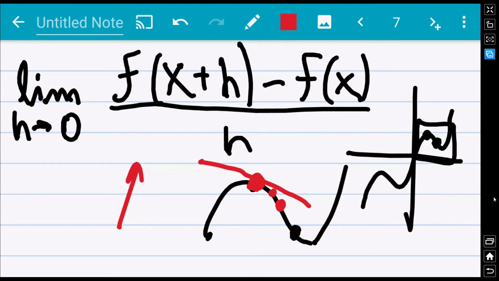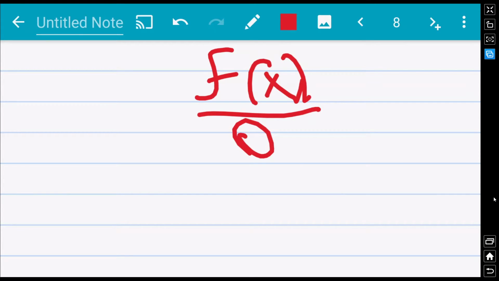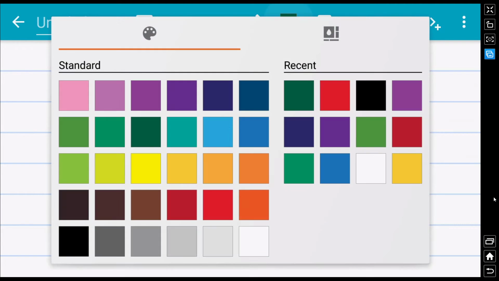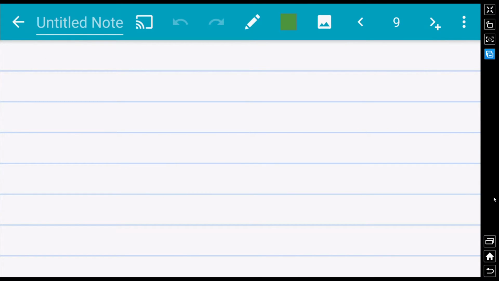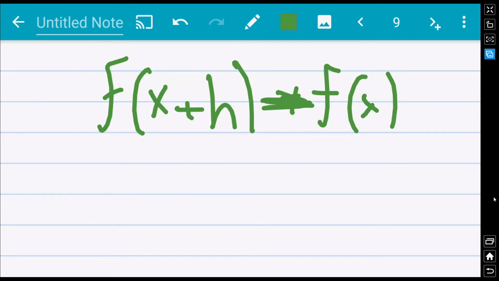So how does this work? Well, if you just put in a 0 here, it's going to be division by 0. It's just going to be f of x over 0. You don't want that. So what you want is to have f of x plus some tiny number, minus f of x, over h, which is some tiny number.